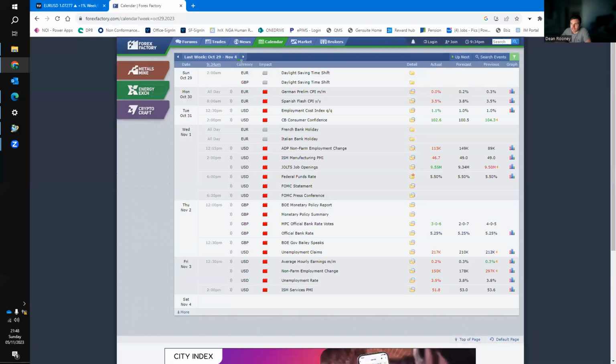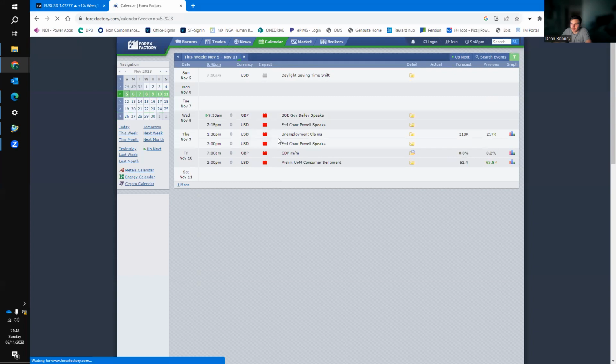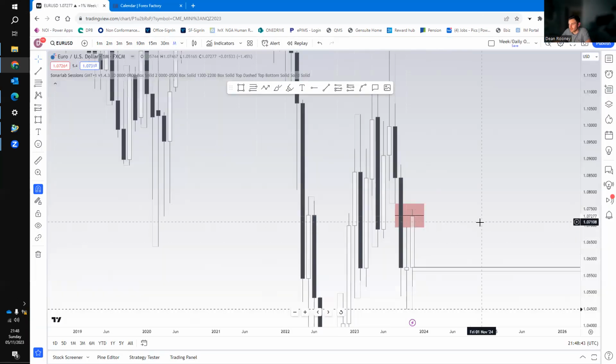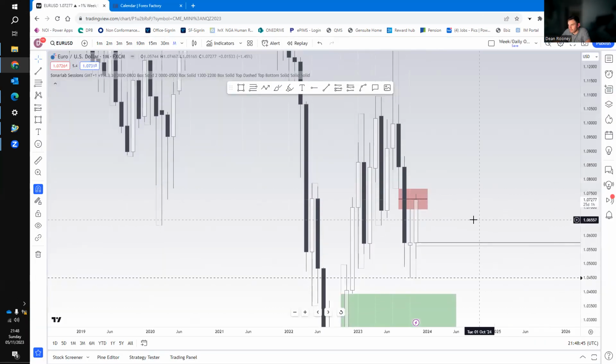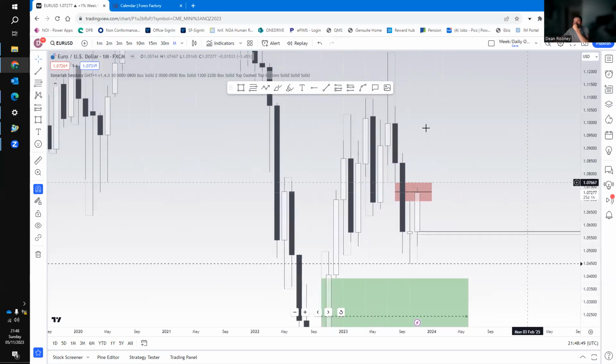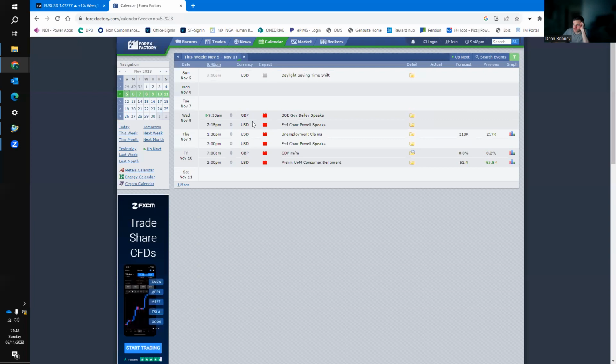So next week, there's not any news until Wednesday, Thursday, Friday. So again, this might be a week where I only trade once the market shows its hand. So probably post news, these news events, Great British Pound and USD.